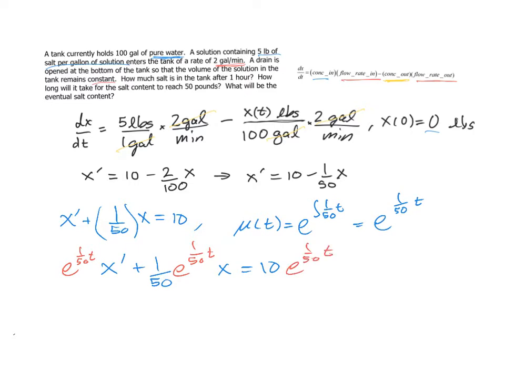Next step, of course, is to write this as a product rule. So we're going to have e to the 1/50 t times x that we're differentiating, prime, equal to our 10 times e to the 1/50 t. In the next step, we'll go through and integrate this.